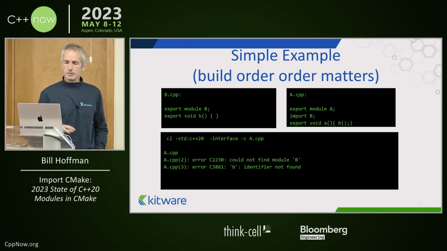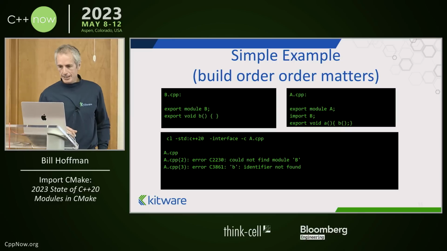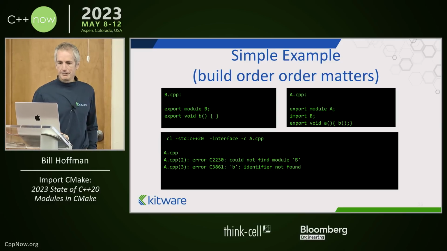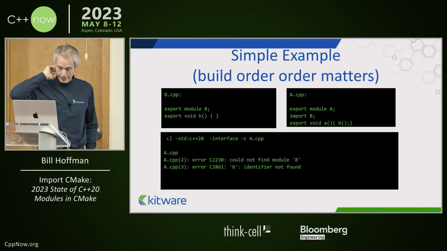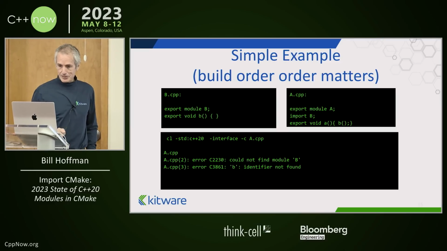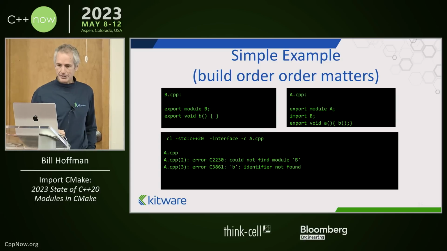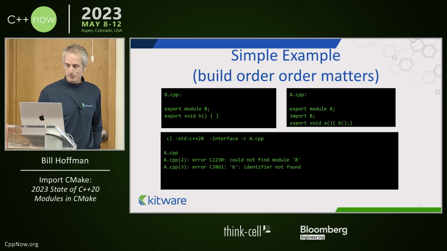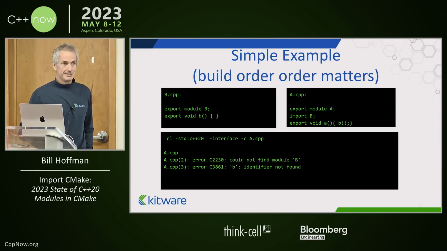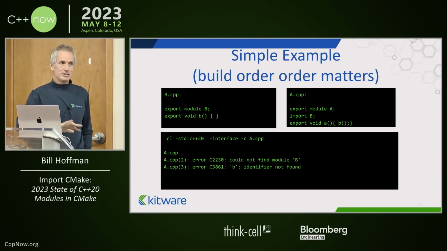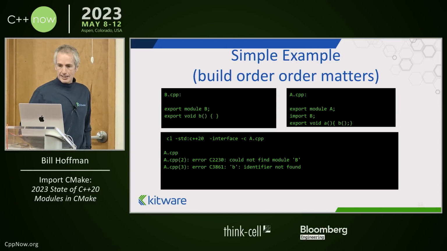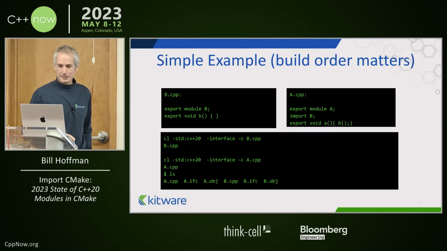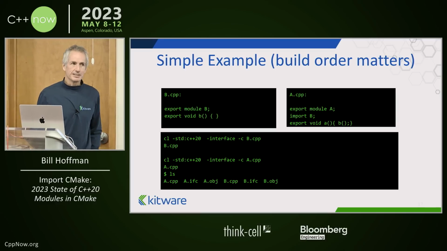So let's look at a really simple example. I've got b.cpp, a.cpp. A exports module A and imports B. B exports module B. And if I just try to compile a.cpp on the command line, oops, it fails because it couldn't find module B. So this is something completely new to C++, because if I go and change it a little bit and I compile B first and then compile A, everything is fine.